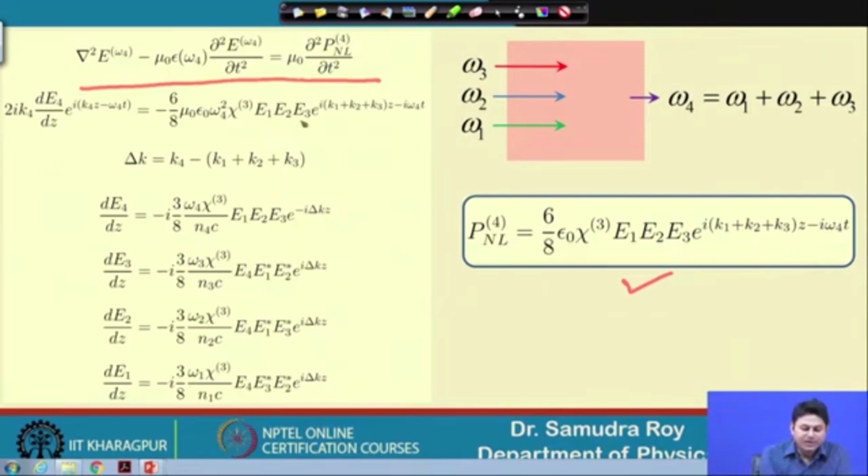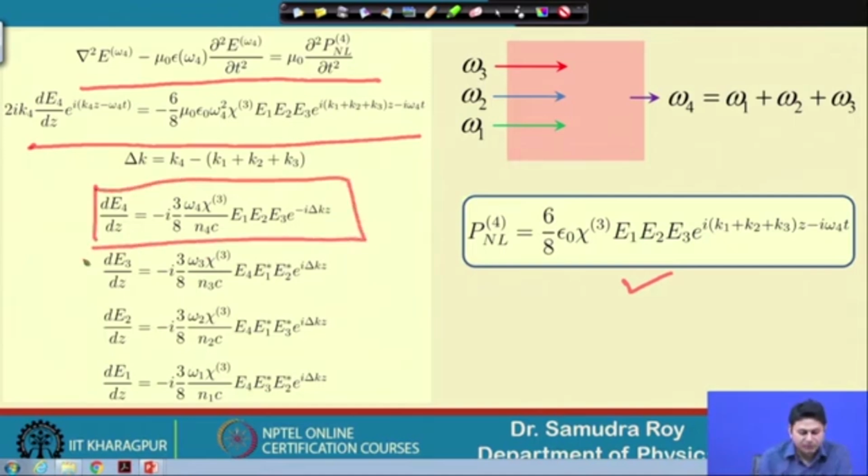Then, if you calculate the derivatives the way we have been doing, you will come to this expression in a straightforward way, and then you will have an equation for the electric field containing the frequency omega 4. This is how these things come; if you do it yourself, you will find out quite easily. It is already done here in these slides.